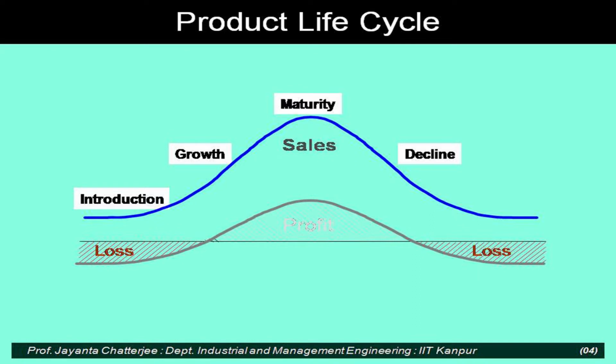Product feature oriented, product advantage oriented communication, the bits and bytes oriented, speed oriented, weight oriented communication, which are very important at the introduction stage, will not be that important later, and your communication package will have to move towards assurance and so on, because you have to reach the growth stage.